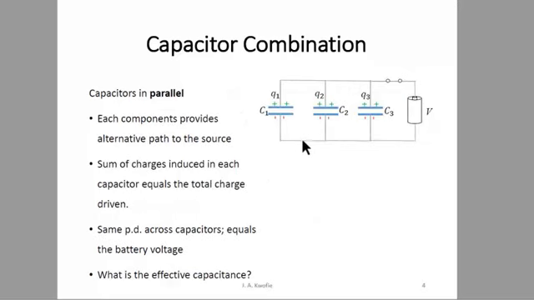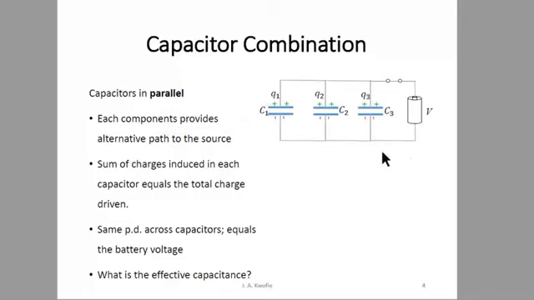Alright, so we are going to talk about capacitors in parallel, and we need to understand what is meant by parallel connection. So here we have the source. This time we are bringing it here to save space. When we say the capacitors are in parallel arrangement, what we are saying is that each component provides an alternative path to the source.